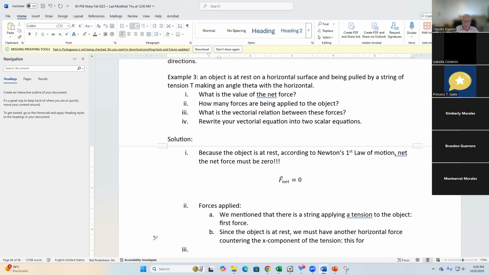This force must be the force of static friction, F sub S. Here you go. T, right? F sub S, like that.